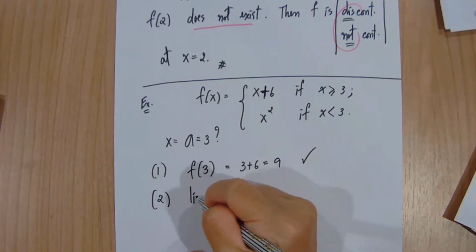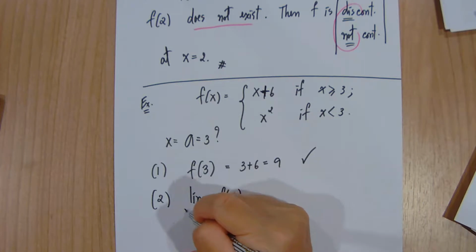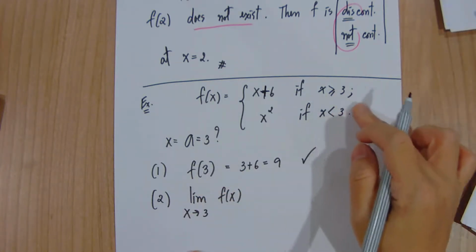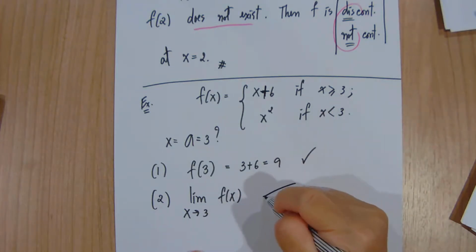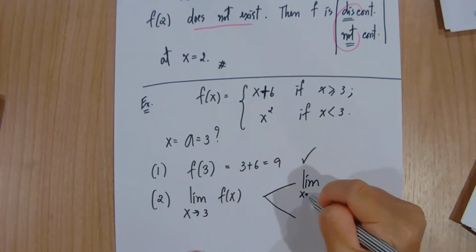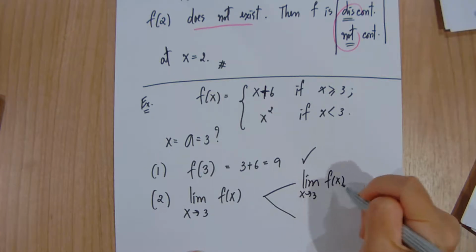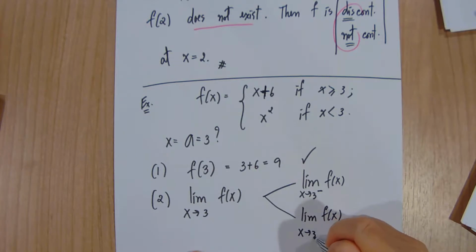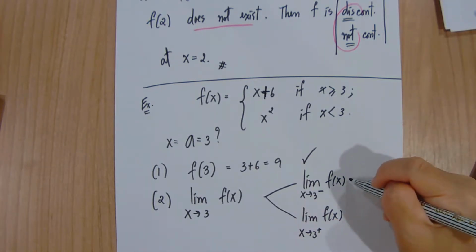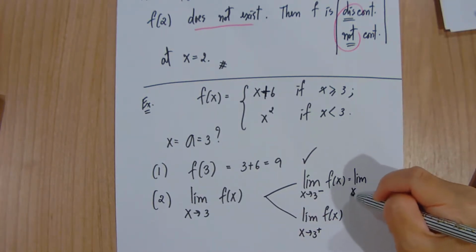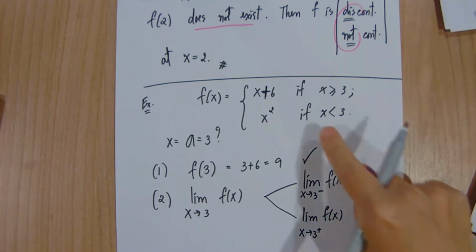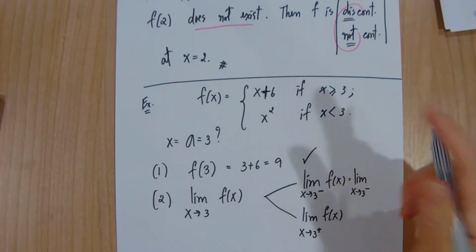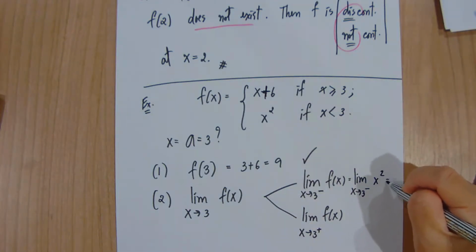And then the second condition, we find the limit when x approaches 3. But at 3 you separate like this, so you have to find the limit from the left and the limit from the right. The limit from the left-hand side, you consider the function when x is less than 3, so you use this term.